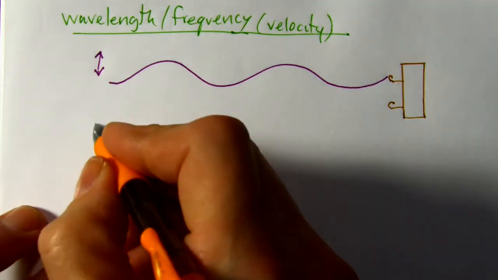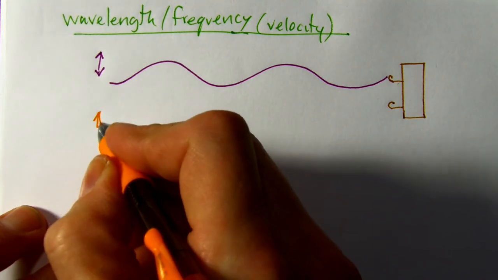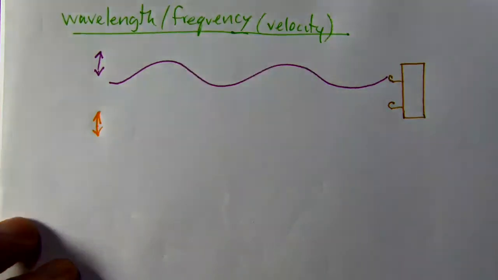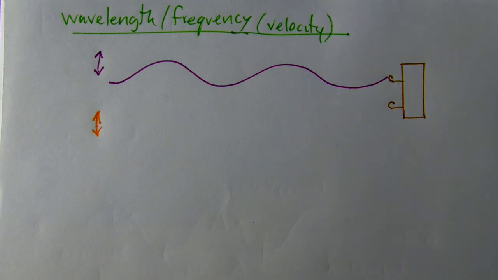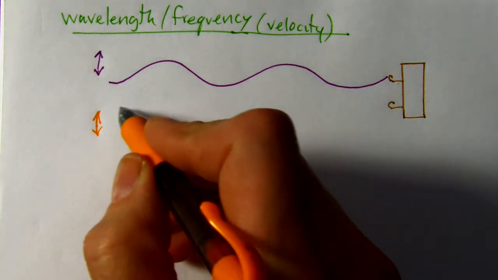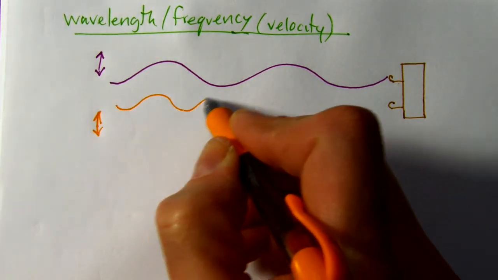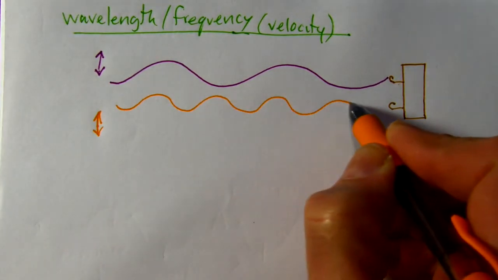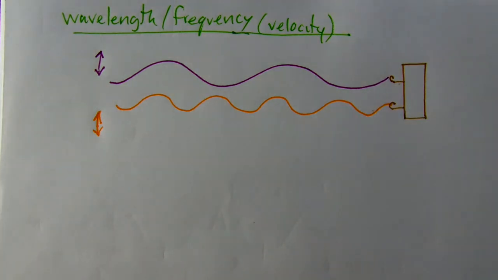Okay. This time I am going to impart energy, but this time I'm going to do it more frequently. Not faster in the sense that you're thinking. I'll show you what I mean. So if I do it more, if I vibrate that more frequently, right, we could say that the orange one has a higher frequency.